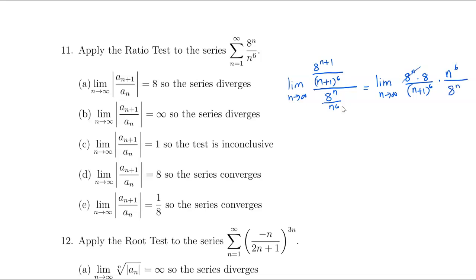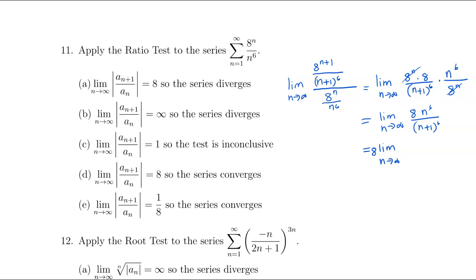Then that cancels. So you have n to the 6th over this, so limit n approaches infinity of 8 n to the 6th all over (n plus 1) to the 6th power.